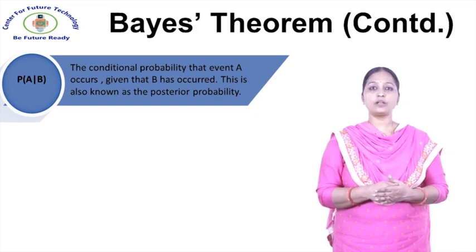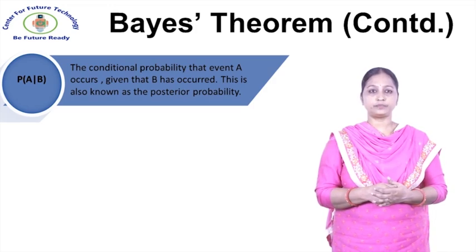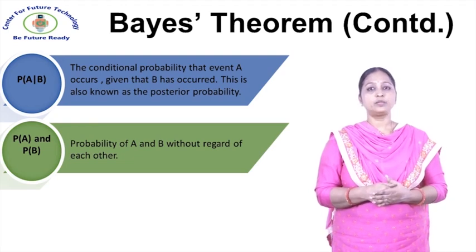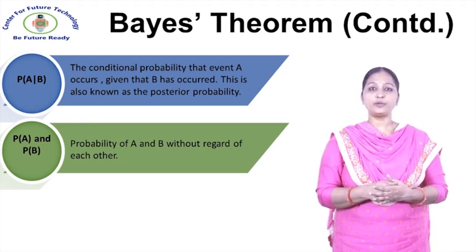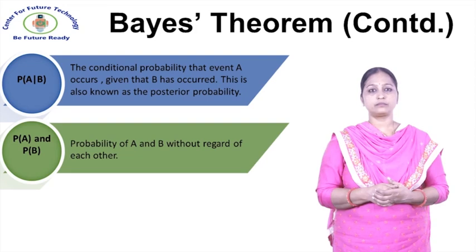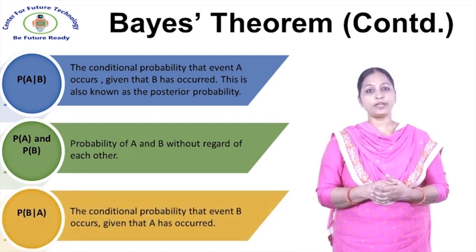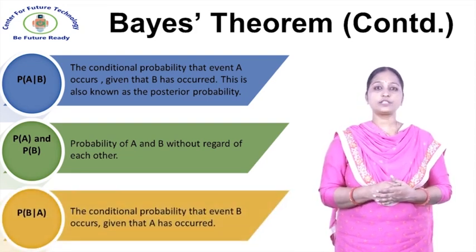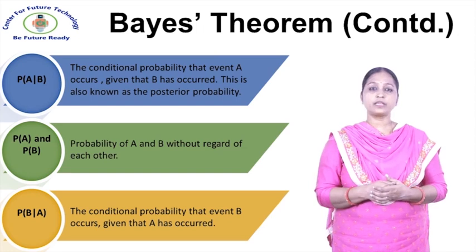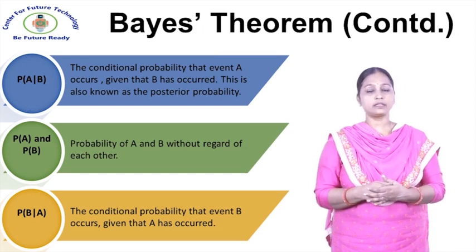This is known as the posterior probability. P of A and P of B are the probabilities of A and B without regard to each other. P of B given A is the conditional probability that event B occurs given that A has occurred.